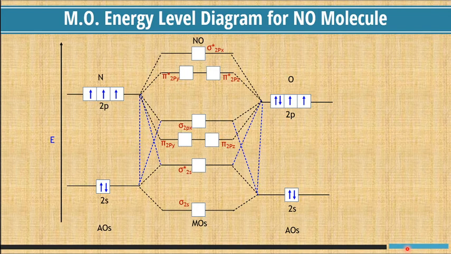The 2 electrons are filled in sigma 2s, 2 are filled in sigma star 2s, 2 are filled in pi 2py and pi 2pz orbitals, 2 are filled in sigma 2px, and the remaining 1 electron is filled in the pi star 2py anti-bonding molecular orbital.